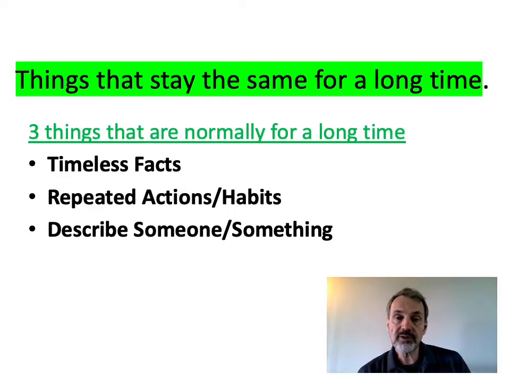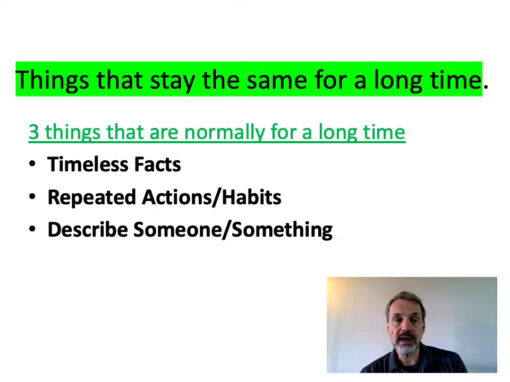Well, it is helpful to remember that the simple tenses, past, present, and future, are for things that stay the same for a long time, for general time. They are not for a limited time like a sand clock. They are for things that don't change much, the things that normally happen any time or anywhere.